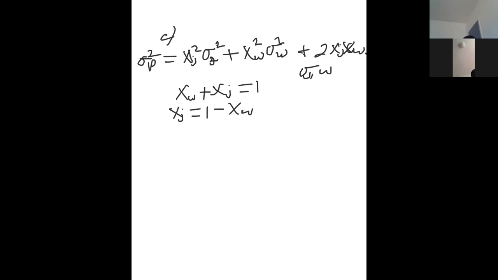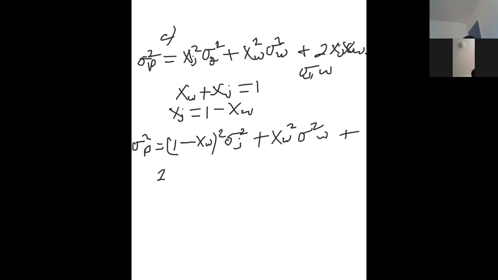portfolio variance function, which is now equal to, I know that Xj is now 1 minus Xw, so it becomes 1 minus Xw all squared multiplied by the variance of J, plus Xw all squared times the variance of W, plus 2 times (1 minus Xw) times Xw again, multiplied by the covariance.